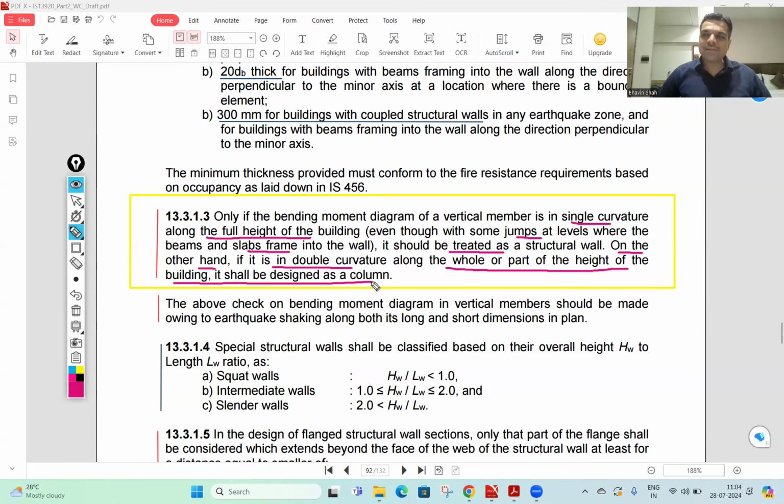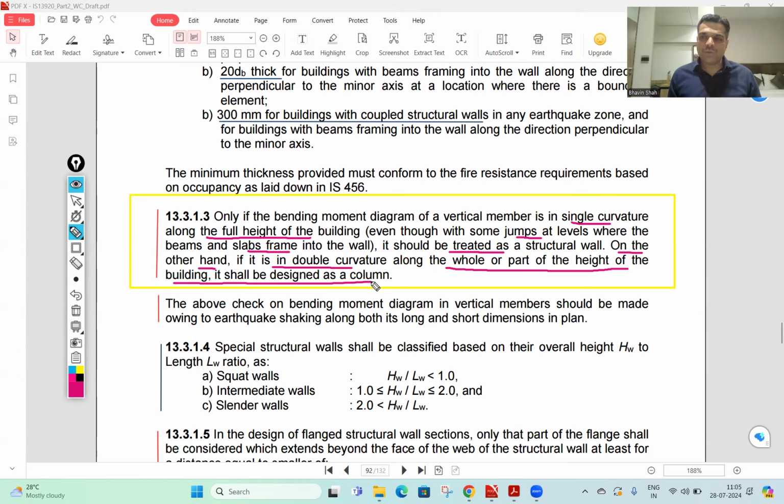So what does it mean? The decision that my element is acting as a structural wall or as a column, we will be able to determine only after performing one iteration of the analysis. So in the software analysis, we need to see the bending moment diagram, and from that we have to judge whether the element is a structural wall or column as per this clause.